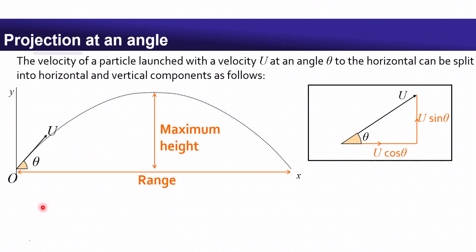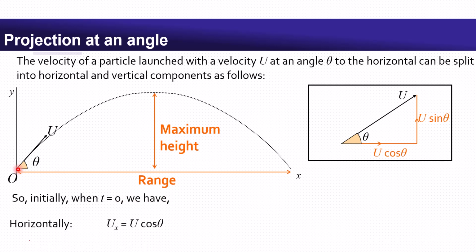So at time t is equal to 0, at this point here, then you'll have horizontally your u in the x will be u cos of theta, and the u in the y will be u sine of theta. I hope this is clear to you.